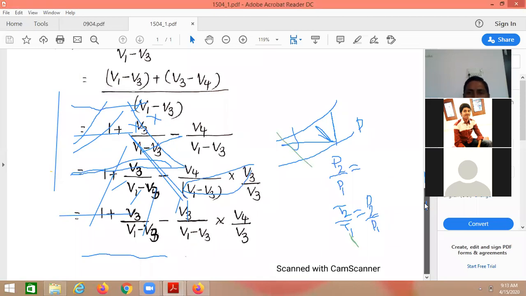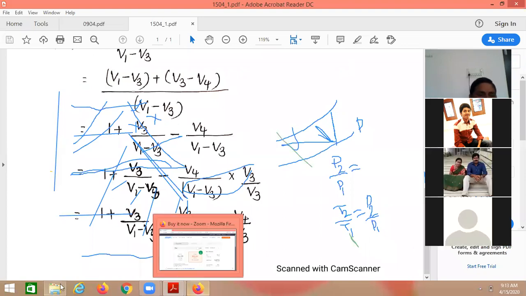Now I can write this relation as 1 plus K minus K into V4 by V3. Is it understood? Yes, sir.